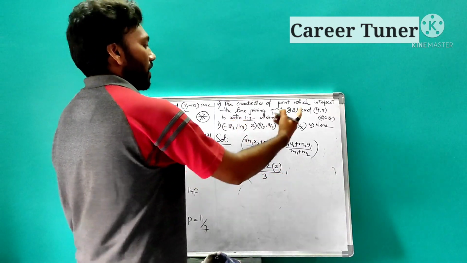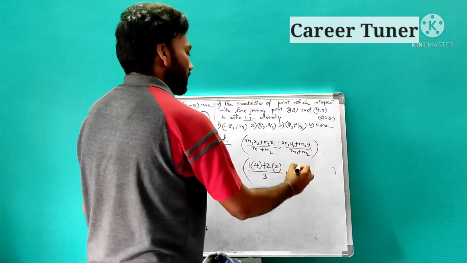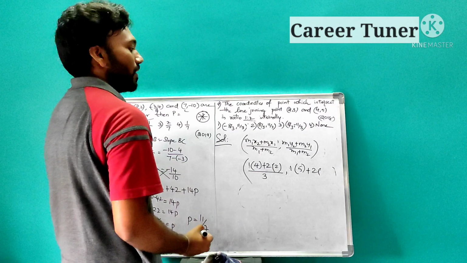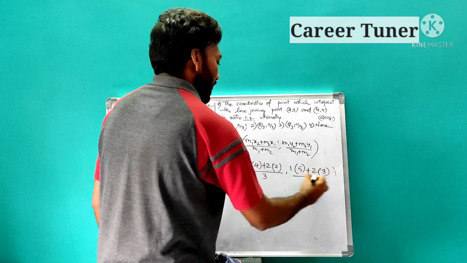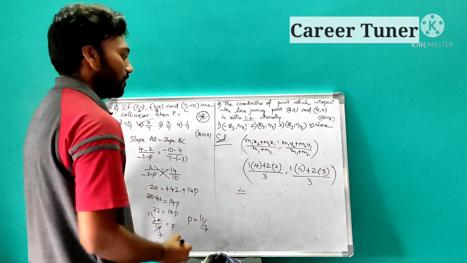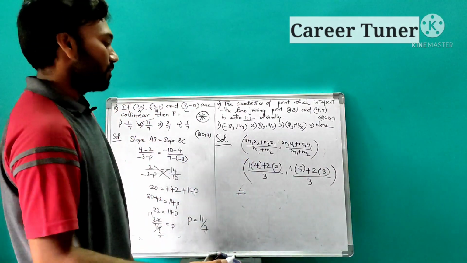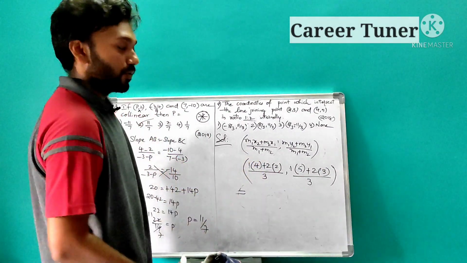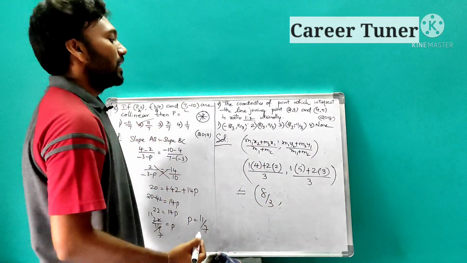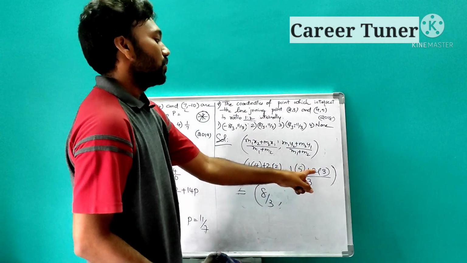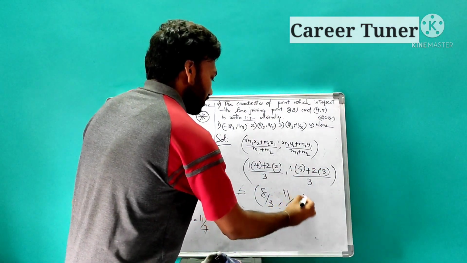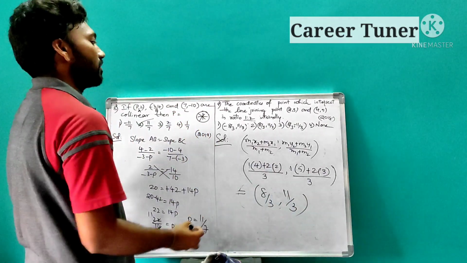What is m1? 1 of y2, which is 5, plus m2, which is 2 of y1, which is 3, by m1 plus m2. So it is 1 plus 2, nothing but 3. Now, if you see, 1 into 4 is nothing but 4. 2 into 2, nothing but 4. 4 plus 4, nothing but 8 by 3. Comma. Next one, 1 into 5, 5. 2 into 3, 6. So 5 plus 6, nothing but 11 by 3. So 8 by 3, comma 11 by 3. So second option.